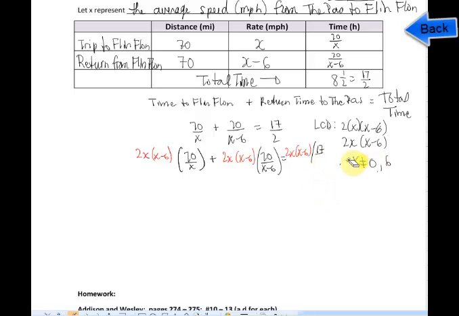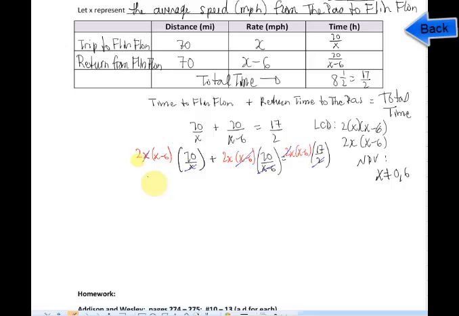It's getting a little crowded here, so let me move this over. Non-permissible values, x can't be 0 and 6. Okay, so let's reduce what we can. We can reduce an x over here, we can reduce an x minus 6 in the middle, and on the right we can reduce a 2.